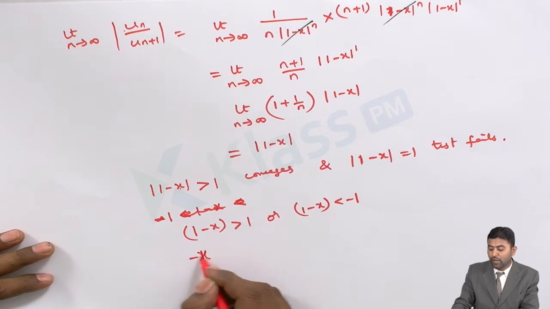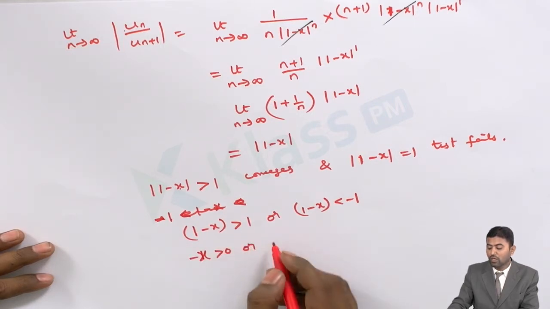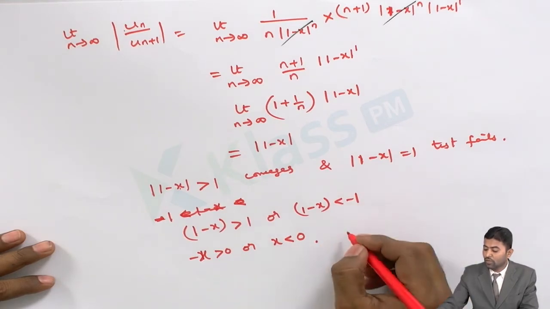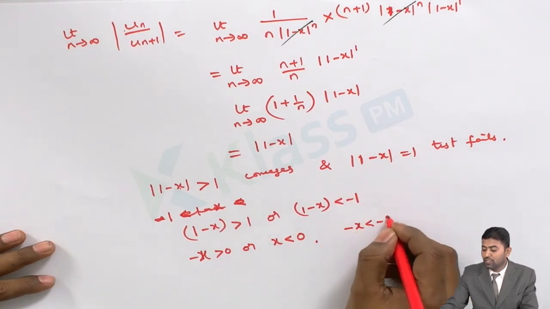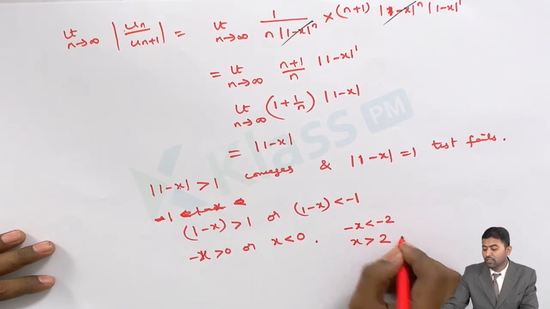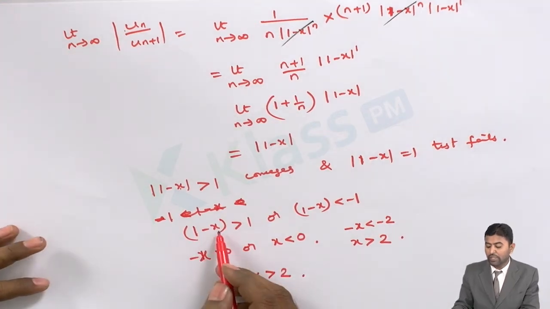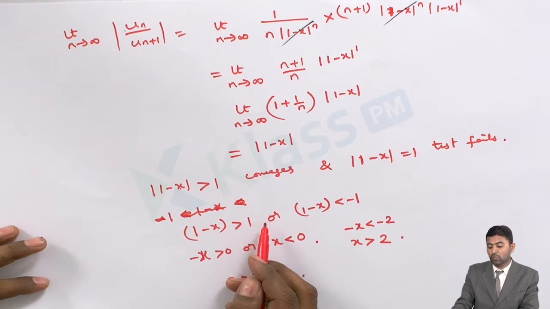So I'll get minus x greater than 0, or x less than 0. And from this, minus x less than minus 2. It implies x is greater than 2, right? So I can write here x less than 0, and I can write 0 greater than x greater than 2, right?